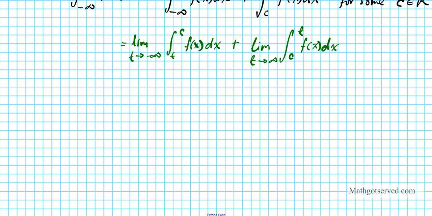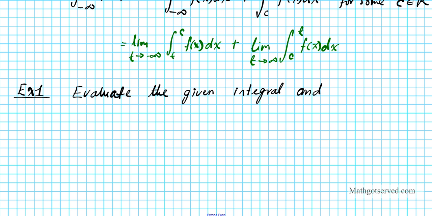In this series, I'm going to go over an easy example, and then in subsequent clips, I'm going to do more complicated ones. So example number 1: evaluate the given integral and state if it converges.